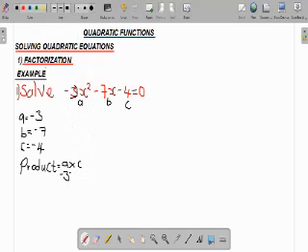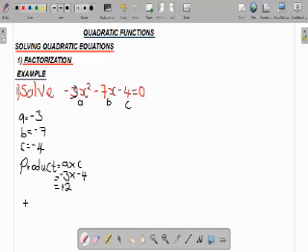So we have negative 3 multiplied by negative 4, and this times that gives us 12. So that is our product.